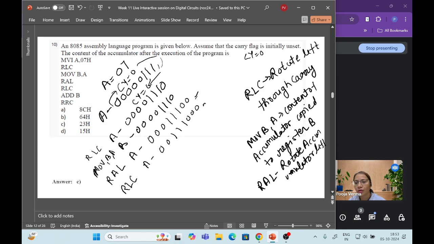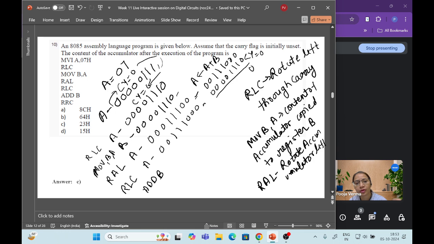Okay. Now again ADD B. Now the content of the accumulator will be added to the register B. So in the register B it is this one and the content in the accumulator is this one. So let's add A to B and store in the accumulator. A plus B. A is 0 0 1 1 1 0 0 0 and in B it is 0 0 0 0 1 1 1 0, right?